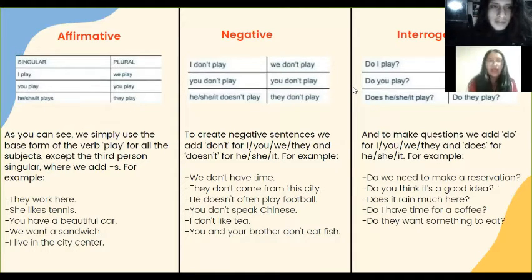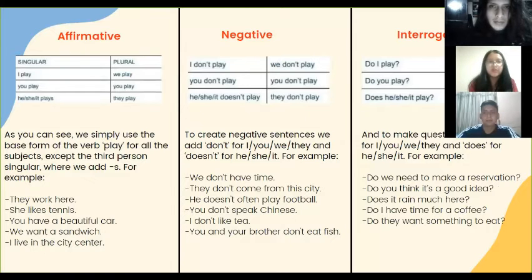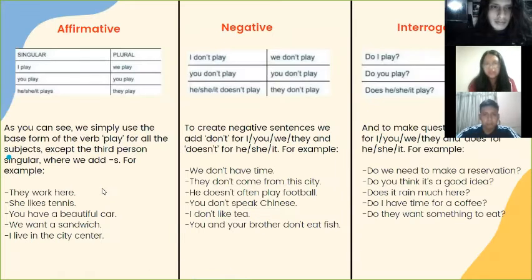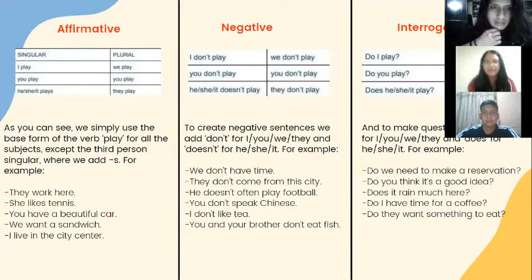Affirmative. As you can see, we simply use the base form of the verb for all the subjects, except the third person singular, where we add s. For example, they work here, she likes tennis, you have a beautiful car, we want a sandwich.